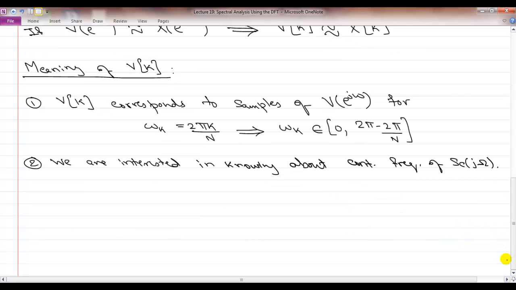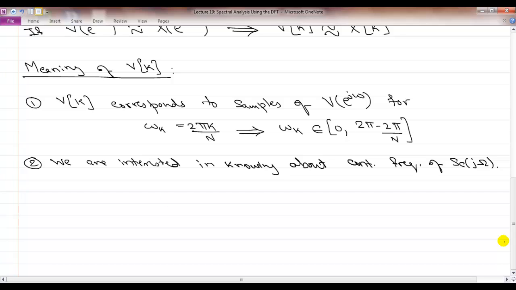And for that, we need to be able to relate the DFT coefficients first to the discrete frequencies and then the discrete frequencies to the continuous frequencies. Now we know the relationship between continuous and discrete frequencies, but that relationship exists only for discrete frequencies between minus pi and pi.